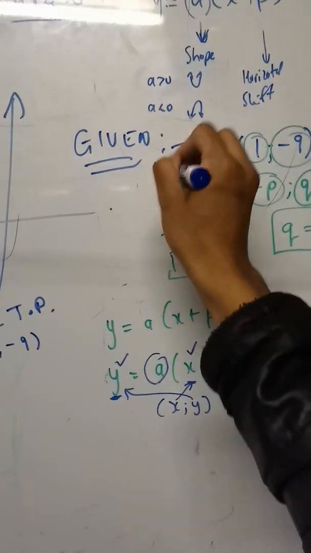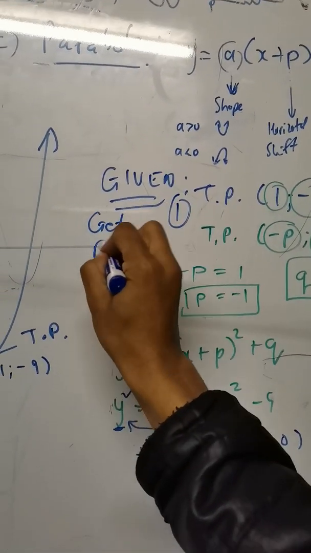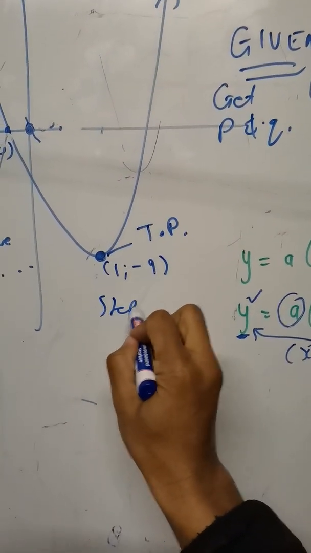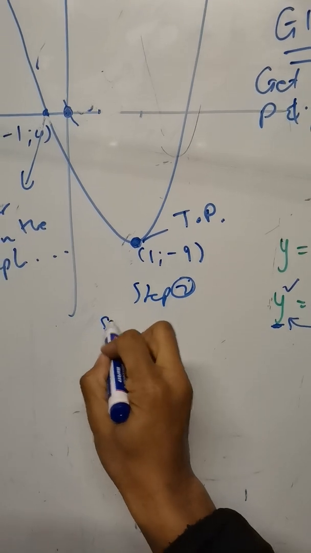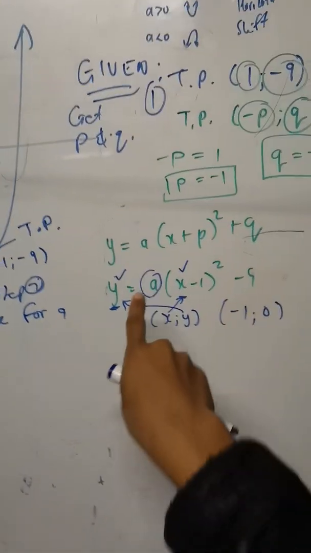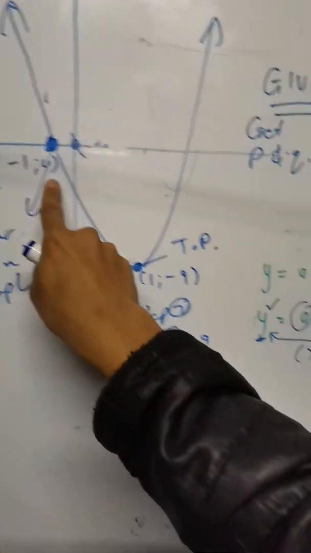So step number 1 was the turning point where we get p and q, and step number 2 is to solve for a. You substitute any other point that lies on the graph, and that was (-1, 0).